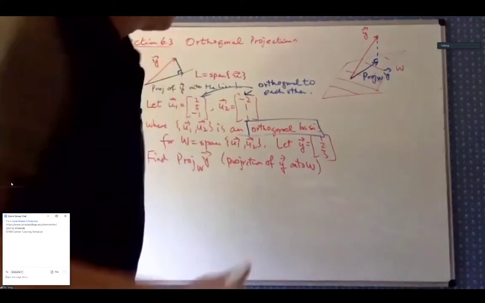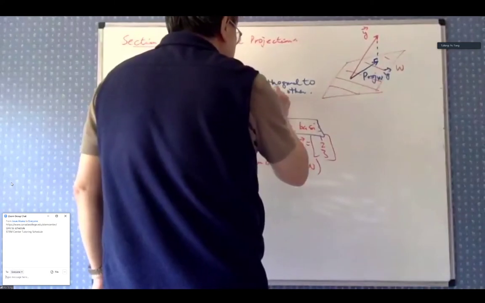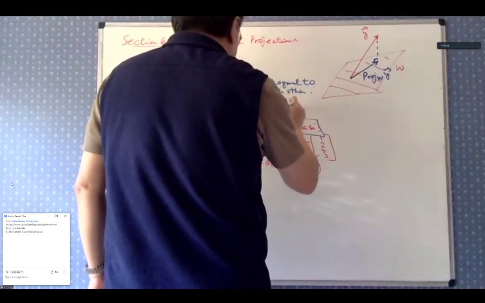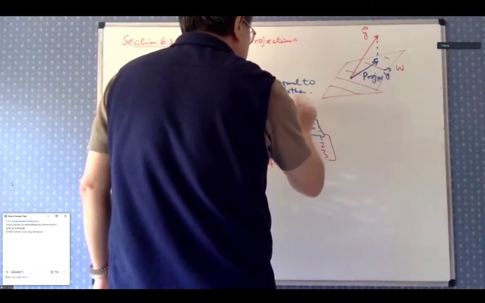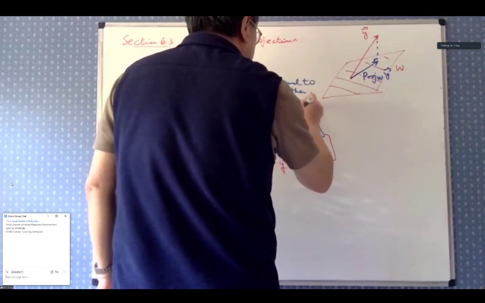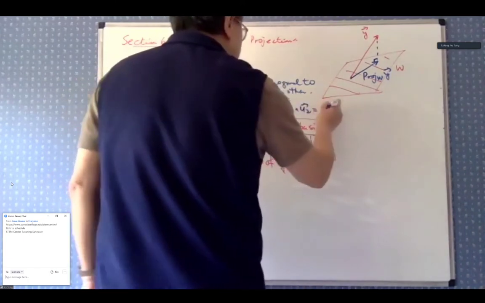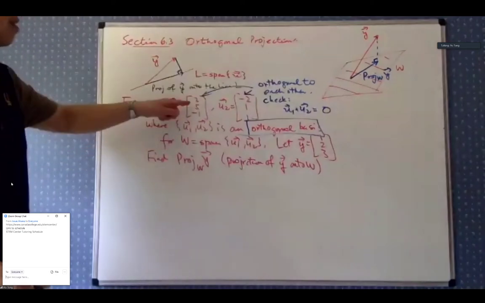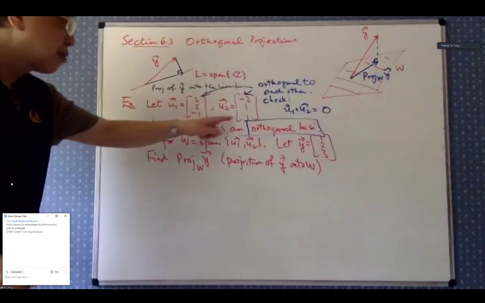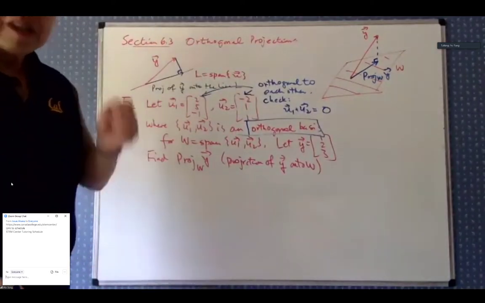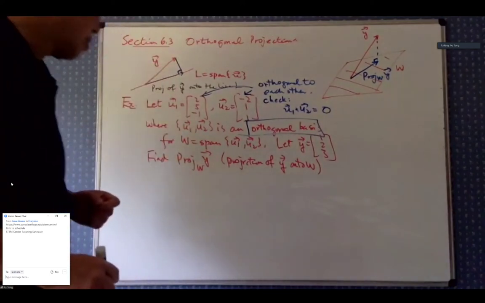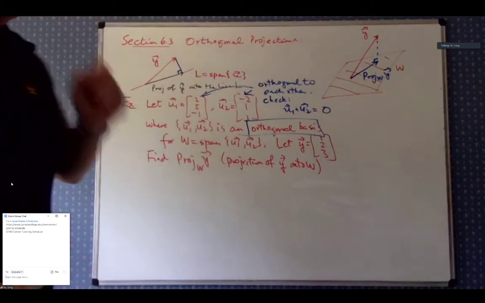Very good. So we want to check that U1 dot U2 is indeed equal to 0. 5 minus 4 minus 1, so you actually end up with 0.